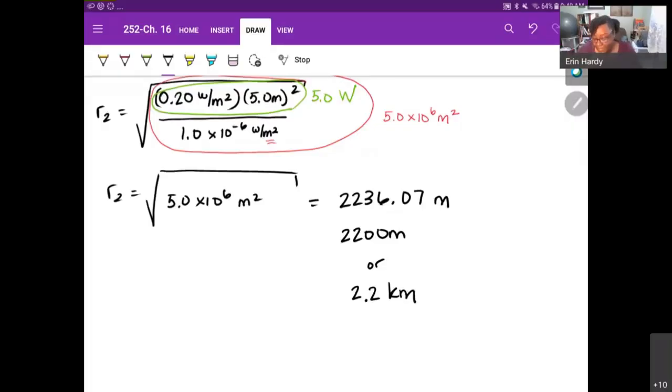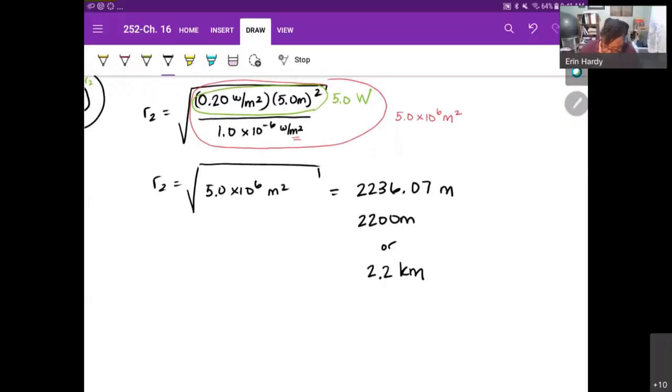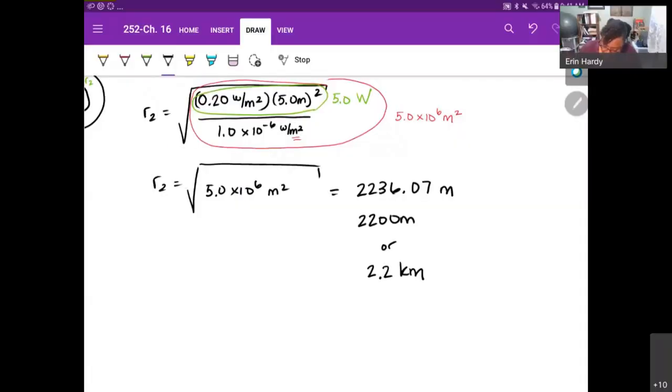We just showed that it would equate to around 113 decibels if you were standing that close to it. So that means that you could go more than 2 kilometers away and still be able to hear this sound. So here is, let's say R2 is 2.2 kilometers.